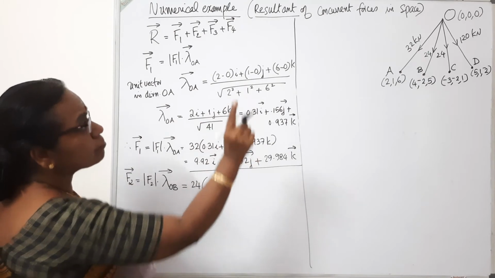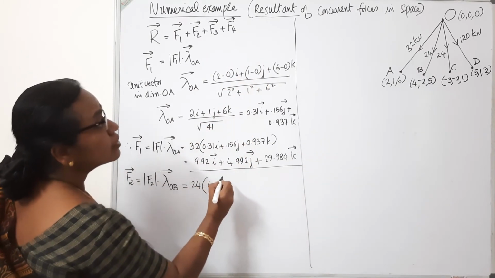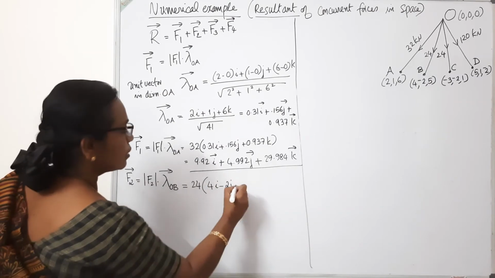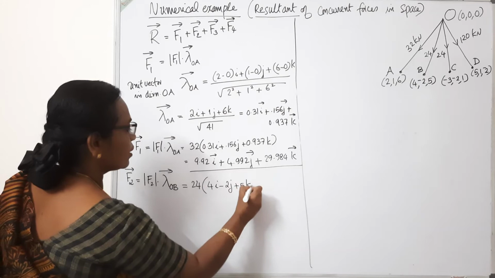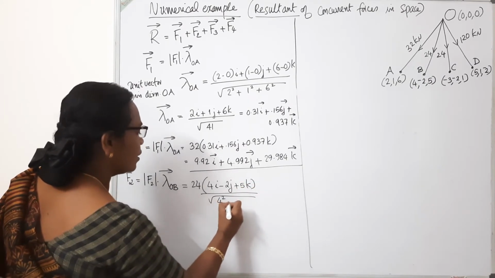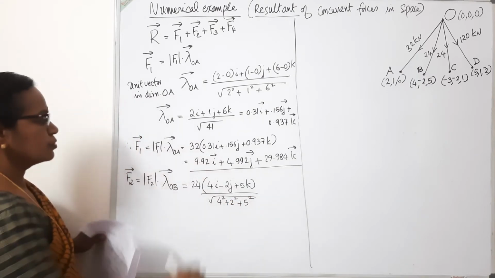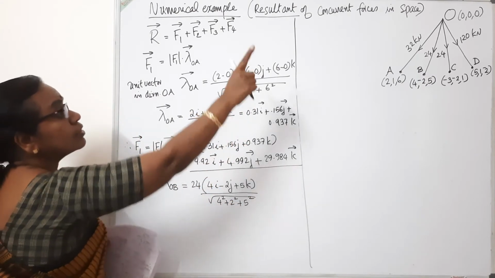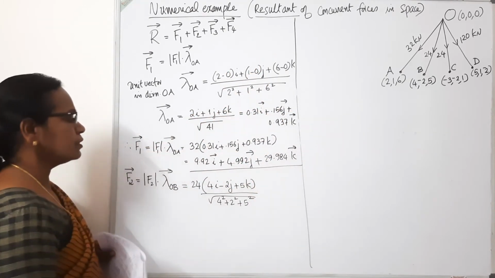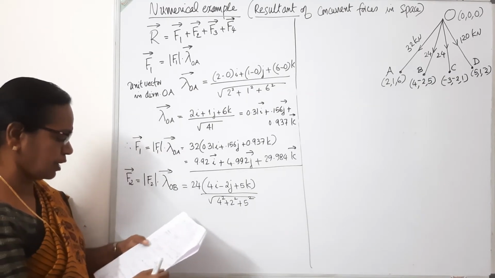OB means B minus O. So it is 4 minus 0, 4i, minus 2 minus 0, minus 2j, plus 5k, divided by the square root of 4 squared plus 2 squared plus 5 squared. So it is 4i minus 2j plus 5k divided by root of 4 squared plus 2 squared plus 5 squared.